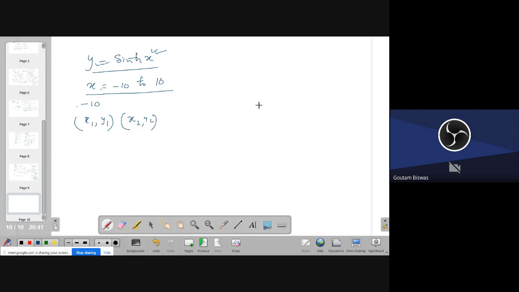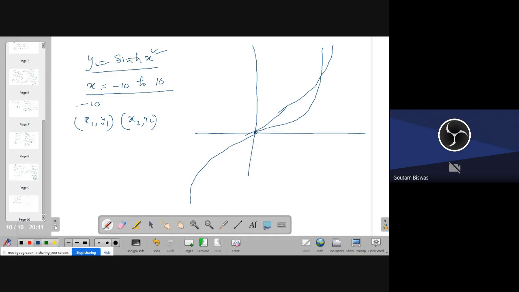You will get a curve in your system, and the curve looks like this. Okay, it will pass through the center and it will go like this, but someone has got it like this. That is correct. Some may get it like this, that is correct.